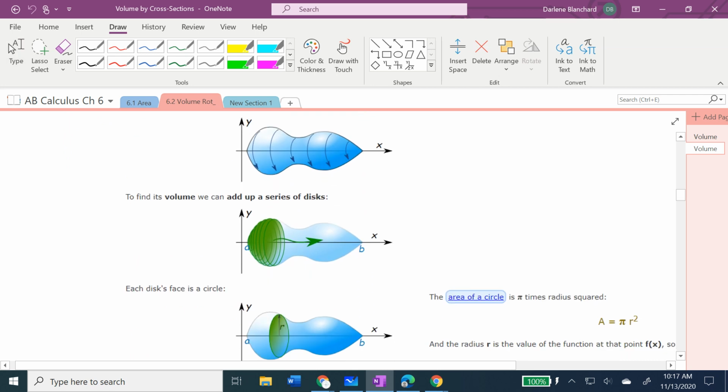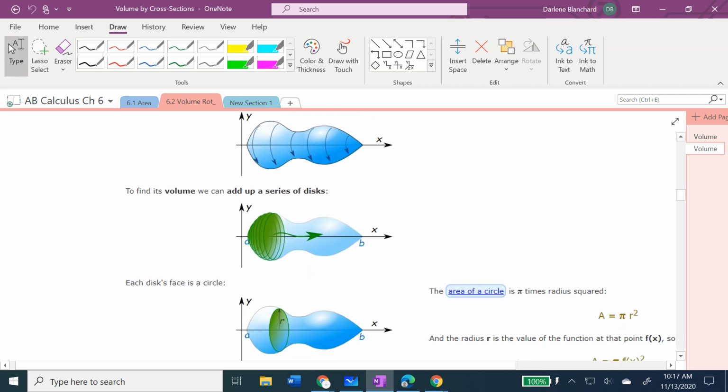And it creates a bunch of disks. And the disks are basically cylinders.